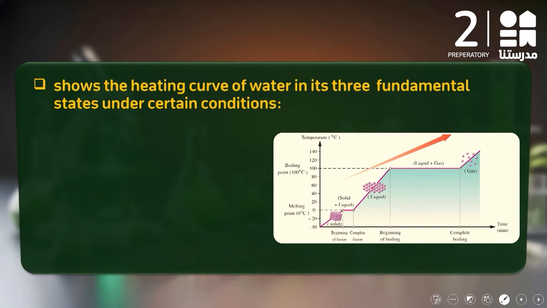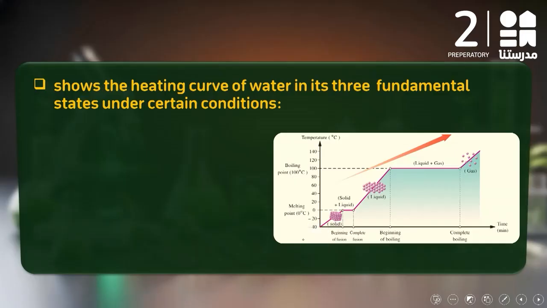The graph shows the relation between the temperature in degrees Celsius and the time in minutes. The graph starts from minus 40 until 140. Minus 40 means below zero, that's the ice in a solid state.